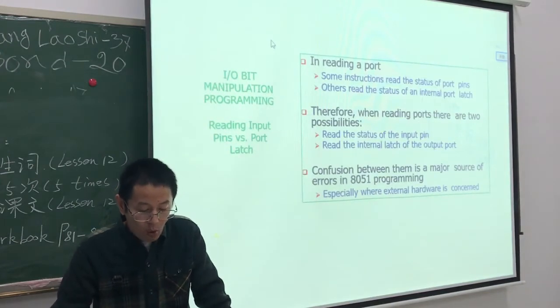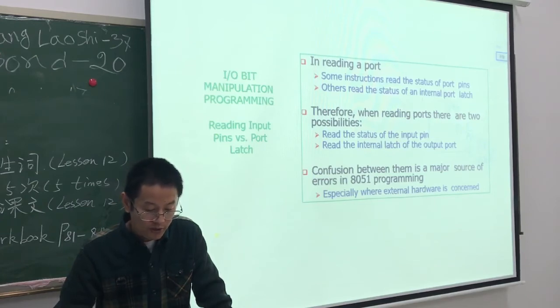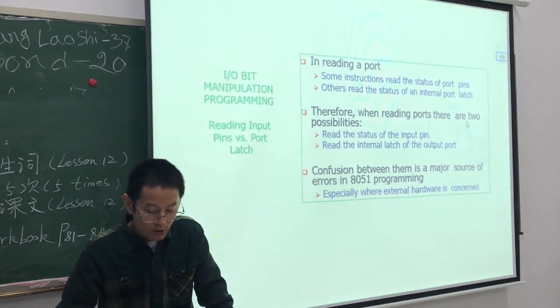In reading a port, some instructions read the status of port pins. Others read the status of the internal port latch. Therefore, when reading a port, there are two possibilities: read the state of the input pin, or read the internal latch of the output port.